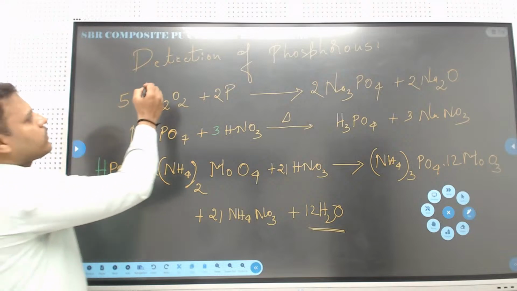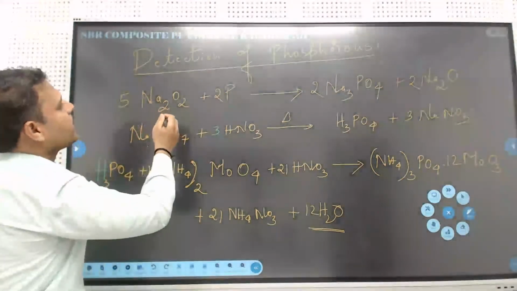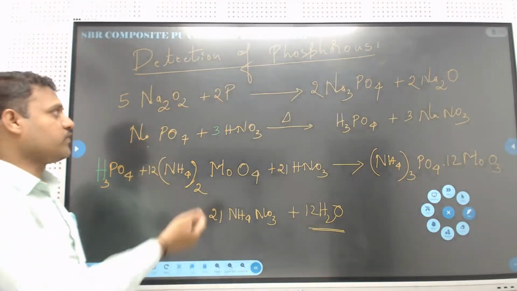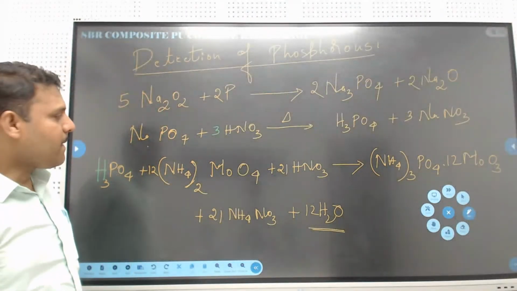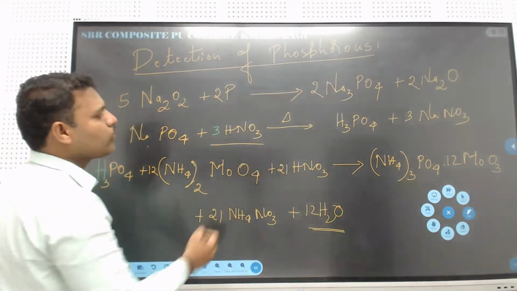So for the detection of phosphorus, sodium peroxide is treated with the organic compound containing phosphorus, where phosphorus is conveniently oxidized into sodium phosphate, and this sodium phosphate is further treated with dilute HNO3.